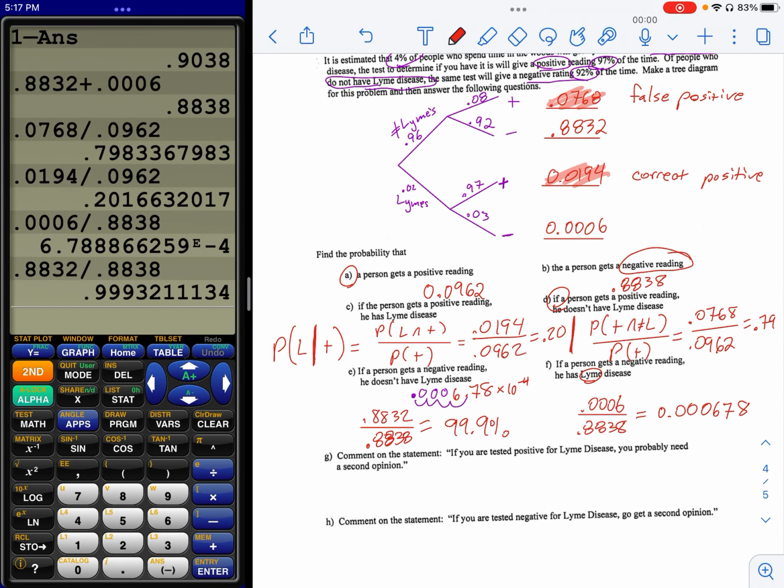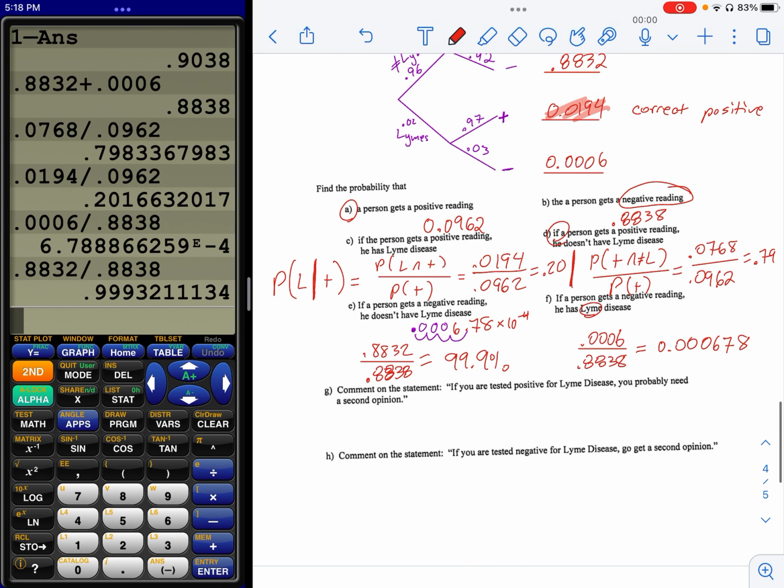Okay. So if you tested positive, would you be very convinced that you do indeed have it? Well, if you don't have Lyme's disease, look at this, 7 to 8% of the time, you're going to get a positive result.